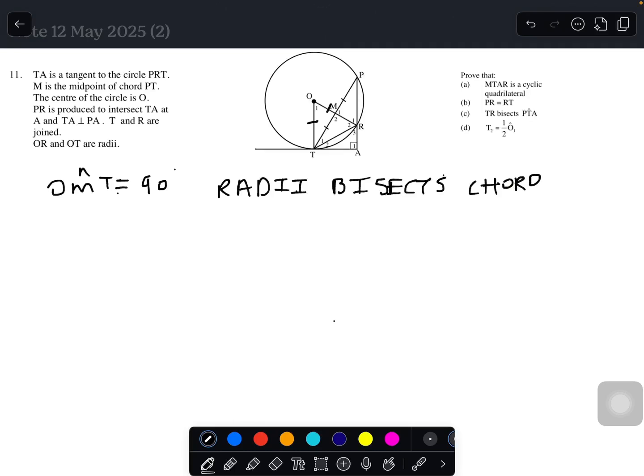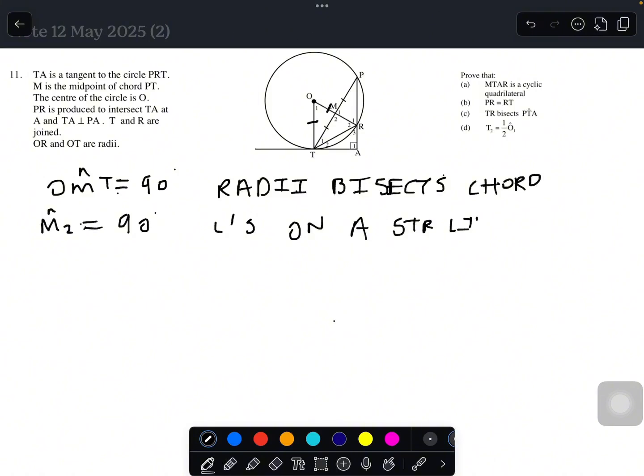Since we know that OMT equals 90, we can then say that M2 equals 90 degrees. Our reason for that is angles on a straight line.